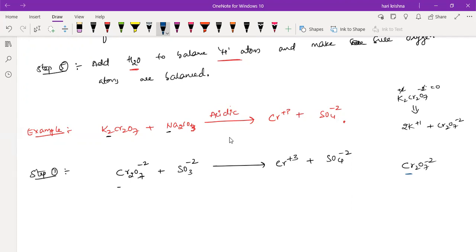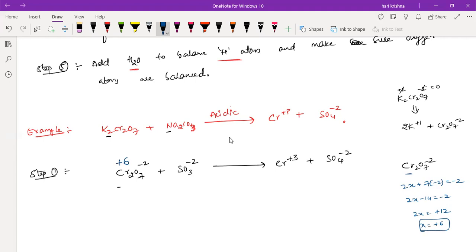Sir, plus 6. 2x plus 7 into minus 2 equal to minus 2. So 2x minus 14 equal to minus 2, 2x equal to plus 12, x equal to plus 6. So Cr will show here plus 6.